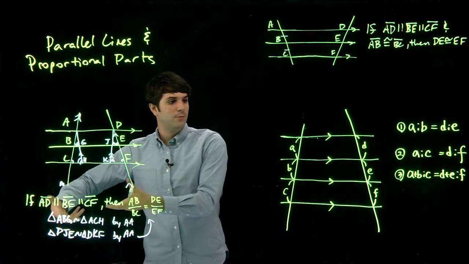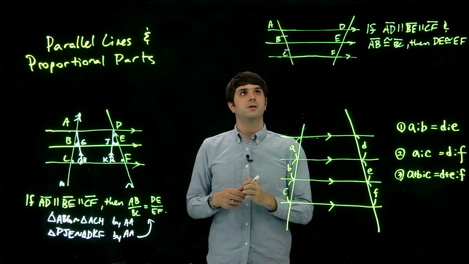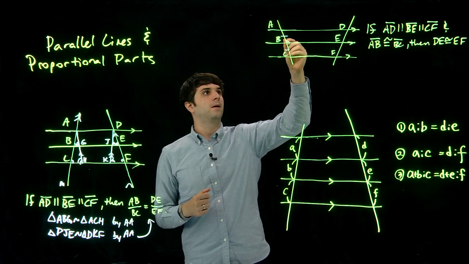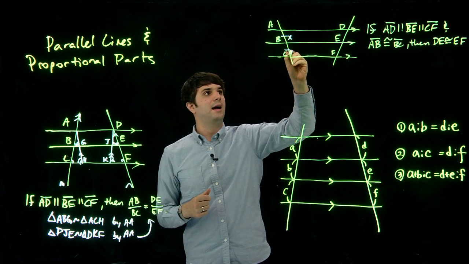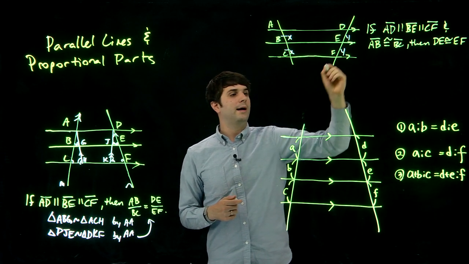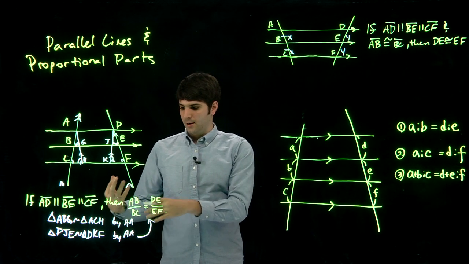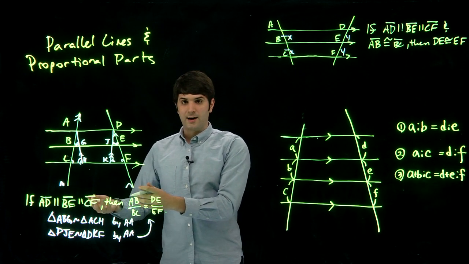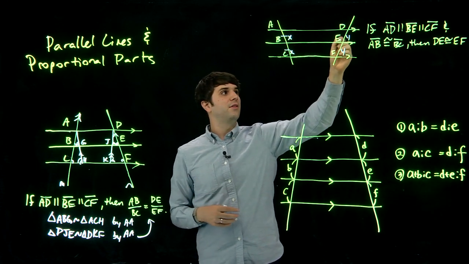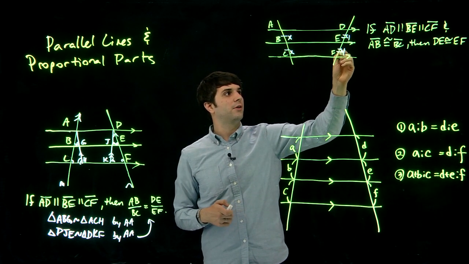We can take this theorem and put it into here. So if this is, for example, x to x, then we know that this must be y to y. We apply the same logic that got us through this theorem, and we put it up here. So if these are congruent, then these must be congruent to each other.